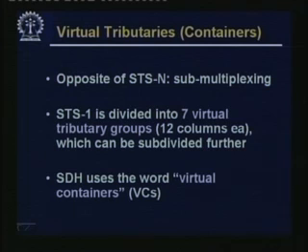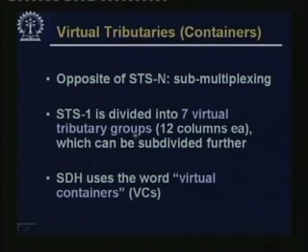Now, STS-1 is divided into 7 virtual tributary groups. By the way, SDH uses the term virtual containers or VCs. We have talked about VC4 before, we just mentioned it, but they are called VTs or virtual tributaries in SONET lingo.